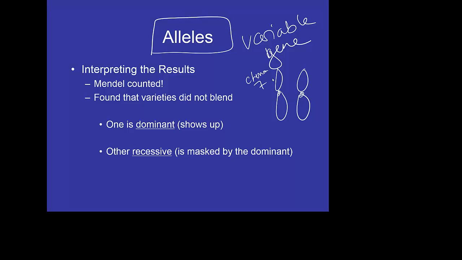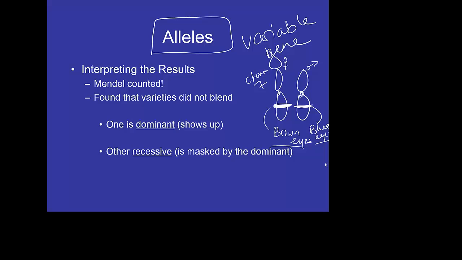On one, you might have a trait that says you're going to have brown eyes. On another, still chromosome 7, this one might say you're going to have blue eyes. Okay, fine. Maybe mom said you'd have brown eyes and dad said you'd have blue eyes. It's where these chromosomes originally came from, right? Mom and dad that are in you. That's right. Okay. So brown eyes and blue eyes.